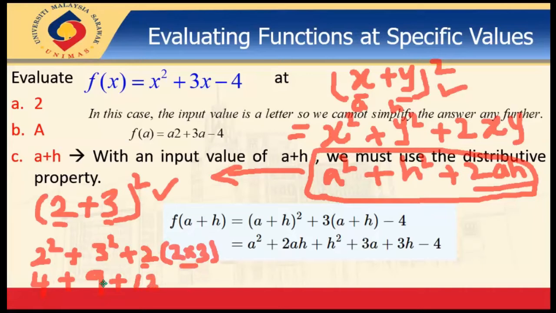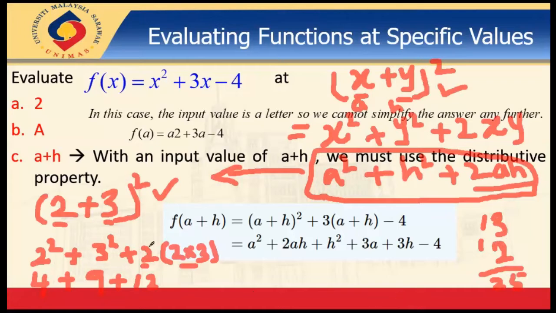And now we have 4 plus 9 plus 12. You see, 4 plus 9 is 13, and plus 12, let me do it like this, 5 and 2, 25.